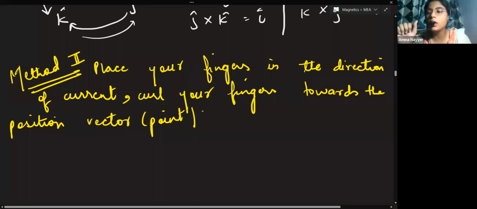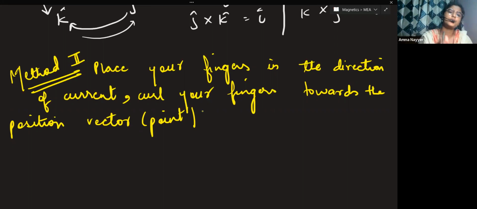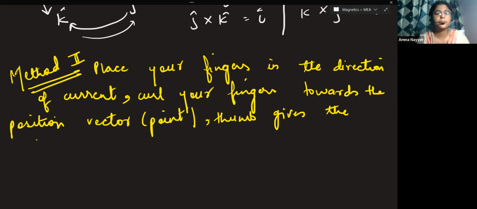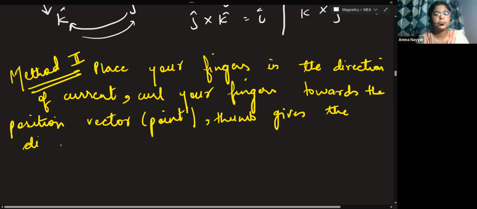Then when you curl your fingers, what is left? Only the thumb will be left. That thumb will give you the direction of the magnetic field. So the thumb gives the direction of the magnetic field.